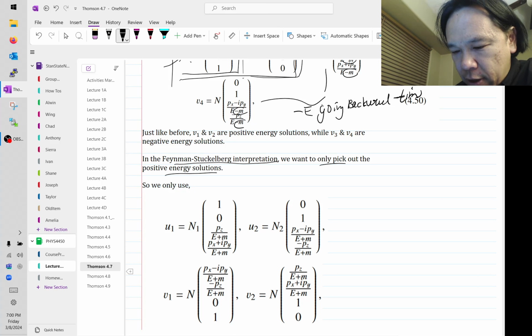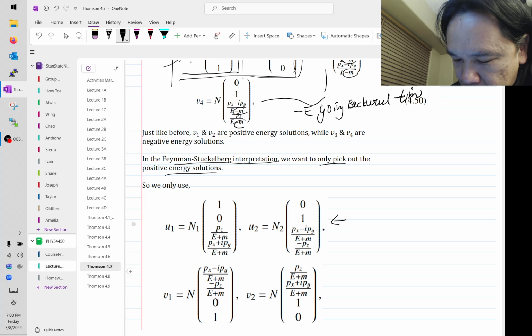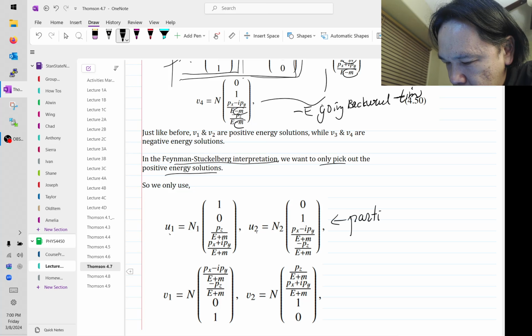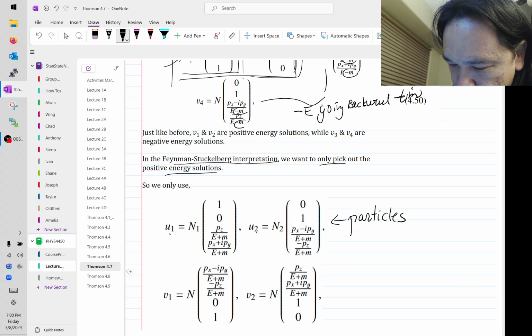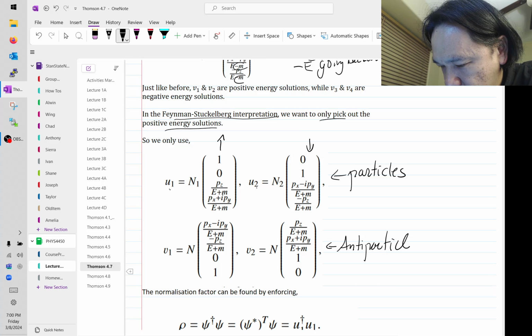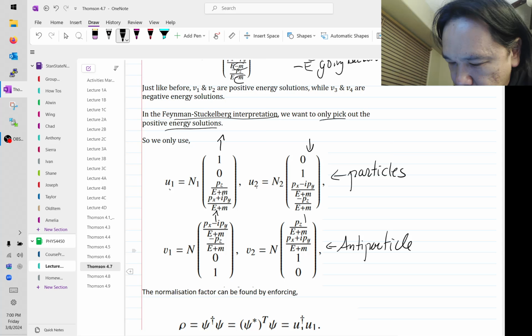So what we're going to do, in the Feynman-Stueckelberg interpretation, is pick out only the positive energy solutions, where the particles are going to be represented by u1 and u2. These are all the particles. This is the spin up, this is the spin down, and then the v's represent the antiparticles. This is spin up, this is spin down.